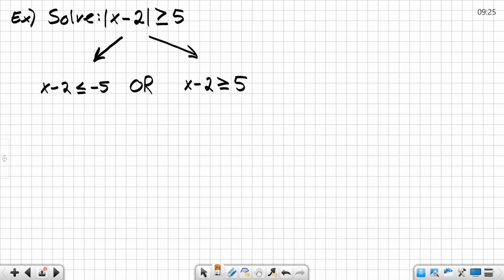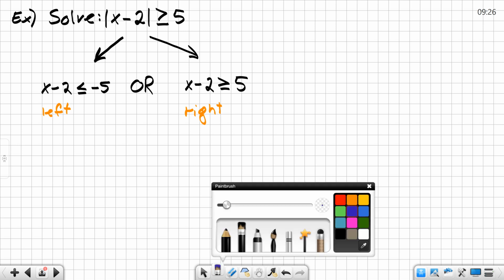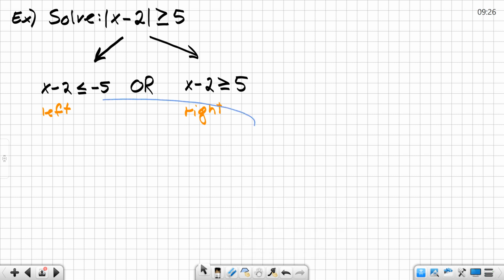Maybe this helps. This is to the left of negative 5. This is to the right of positive 5, if you think about it in terms of the number line. So these inequalities we are now going to be solving. What are we going to do? Well, we're adding 2 to both sides in both cases.